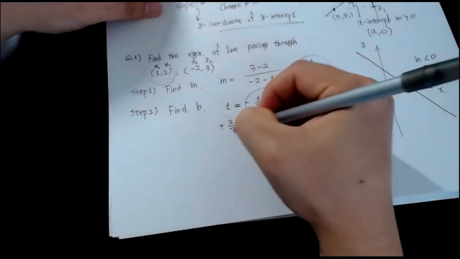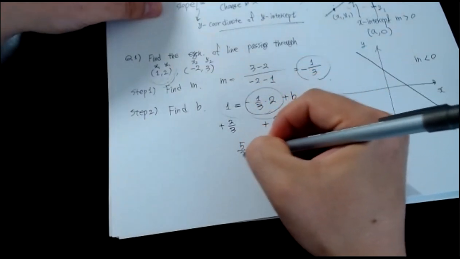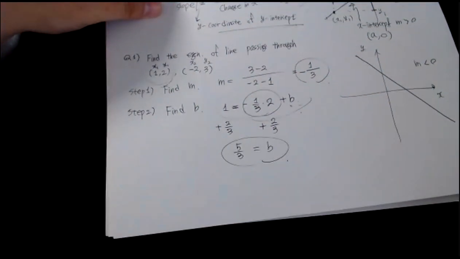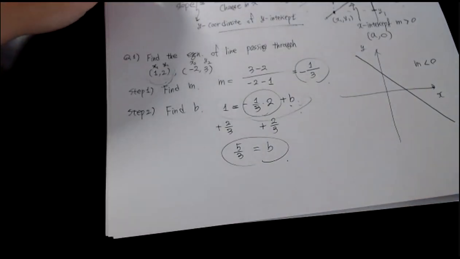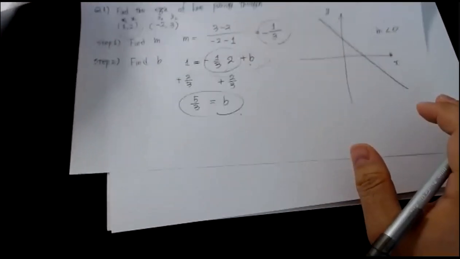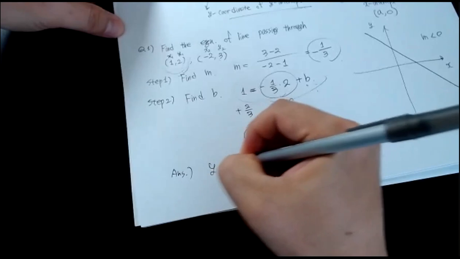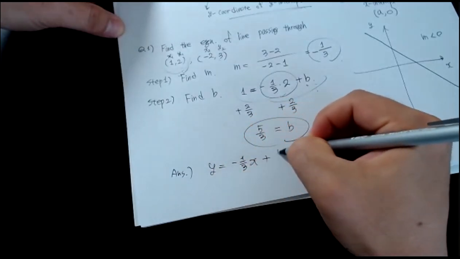So we get 1 plus 2 over 3, which is 5 over 3. So b is 5 over 3. So what's the answer? The answer is going to be y equals negative 1/3 x plus 5 over 3.